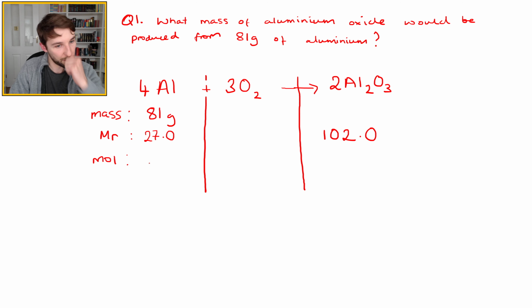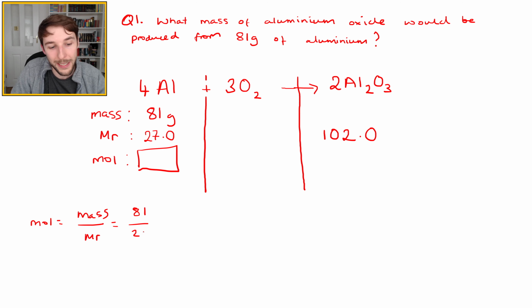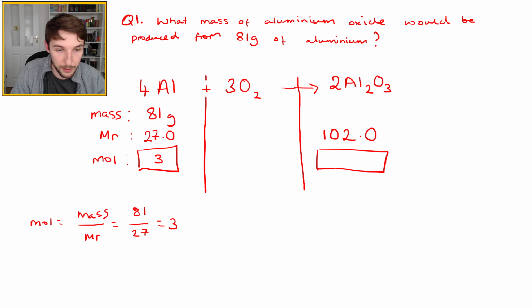So the first thing we can do with that aluminium is calculate the number of moles. So remember that mole equals mass over Mr. So therefore we're going to do the sum of 81 divided by 27, and you should have got an answer of 3 moles. So we'll pop that there. Then what we're going to need to do is work out the moles of aluminium oxide, which are tied to the moles of aluminium through the ratio of the equation, which we can see is 4 to 2.